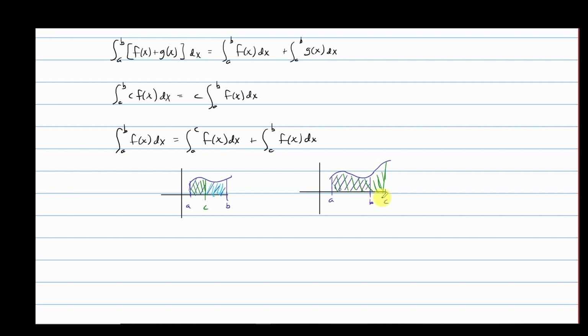However, the integral from c to b, because I'm moving backwards, is going to count negative. So this portion here counts as negative and will cancel out the extra area that we ended up adding up. So I end up with a net area of just from a to b.